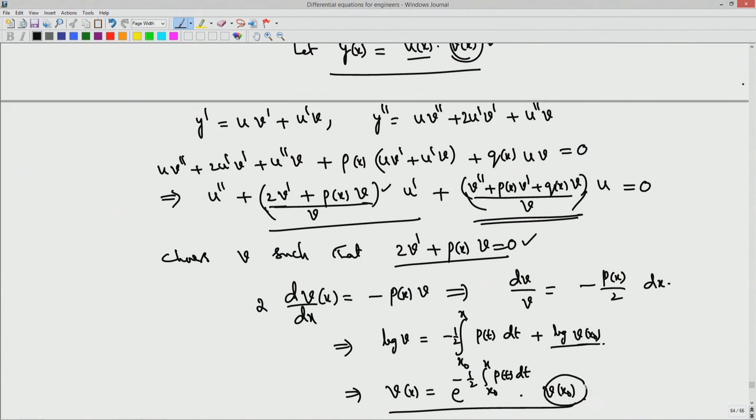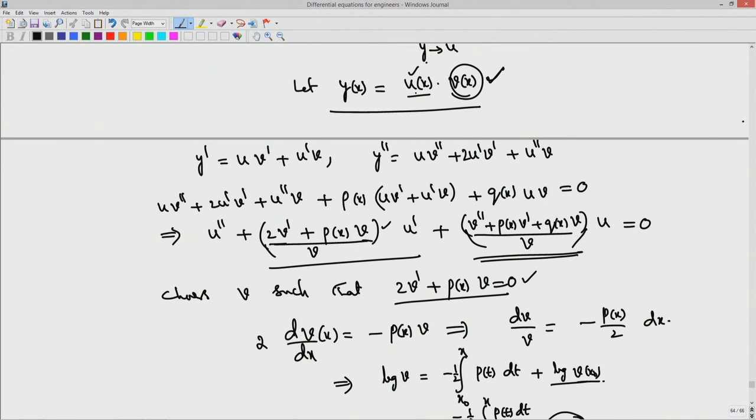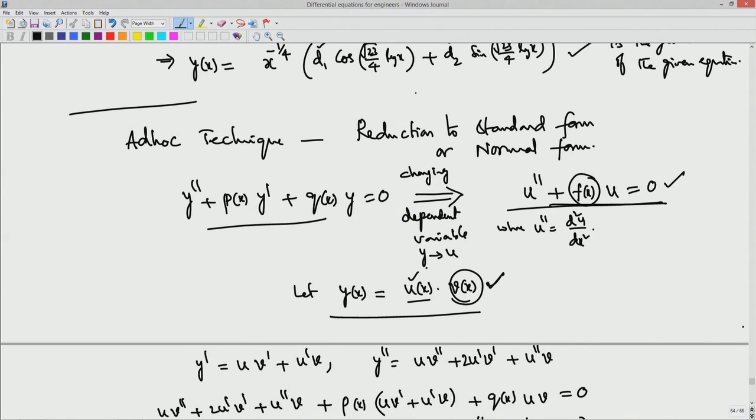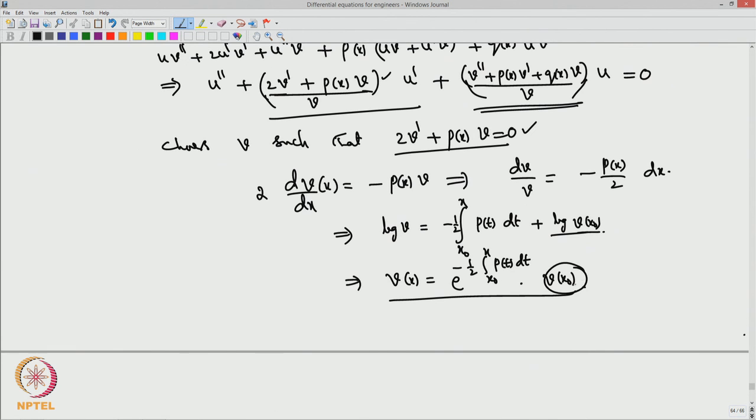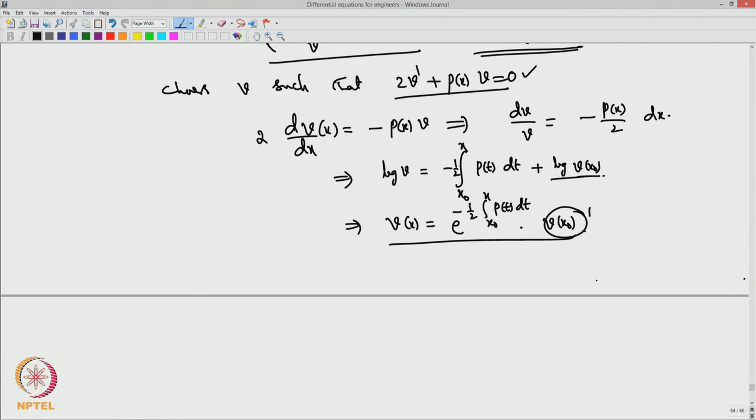You can choose it as 1, because if I choose it as 0, then y is 0 and you do not gain anything. I know the homogeneous equation has a trivial solution, but I am looking for non-zero solutions, because you are looking for 2 linearly independent solutions. So, I choose V at x naught as 1, non-zero.